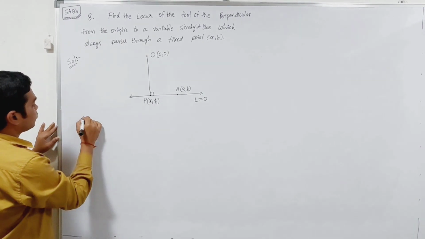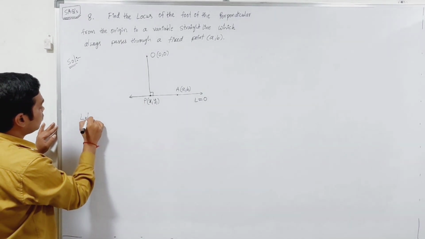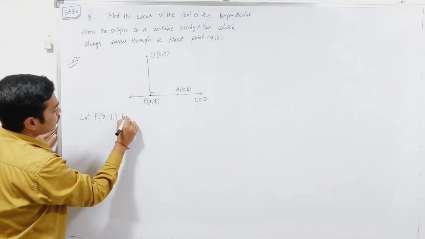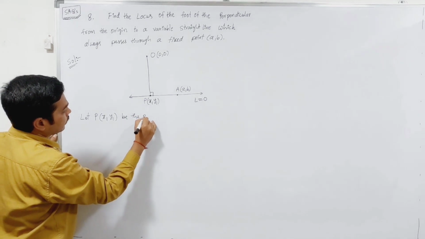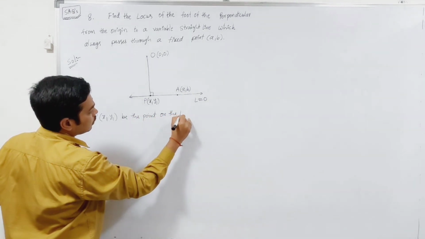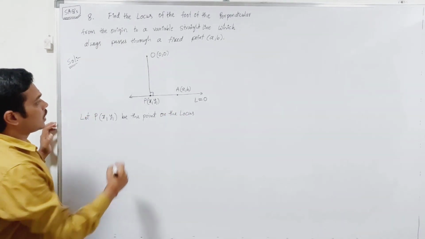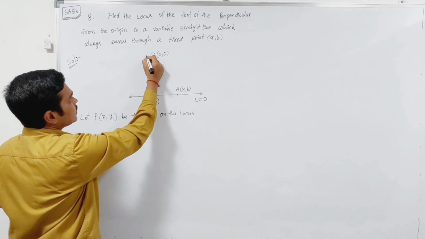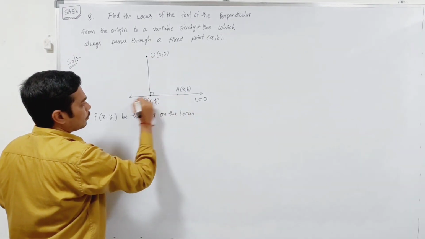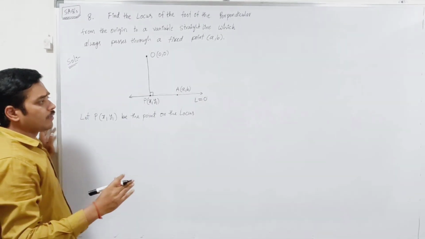Okay. Let P (x1, y1) be the point on the locus. From the diagram, line segment OP is perpendicular to line AP, the variable line.